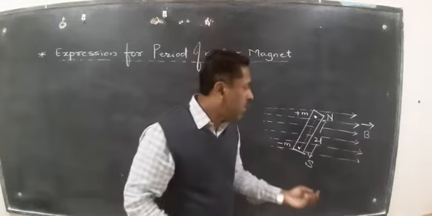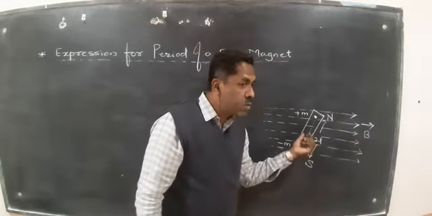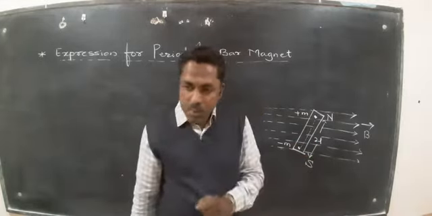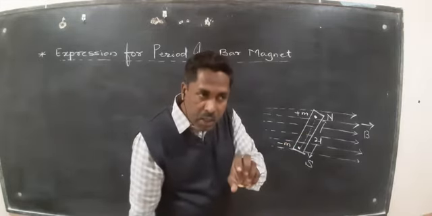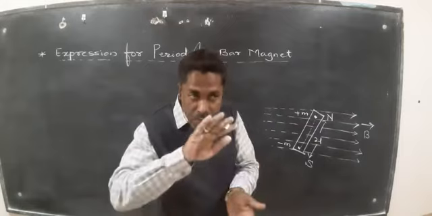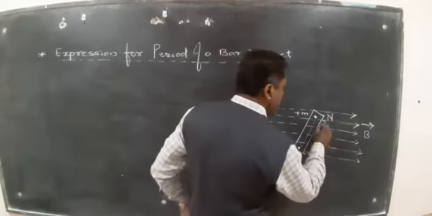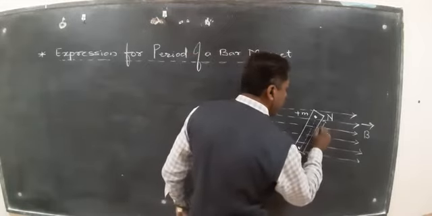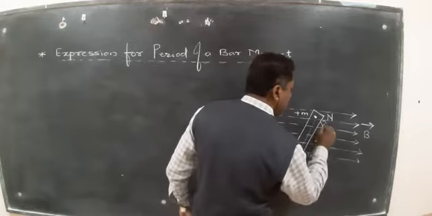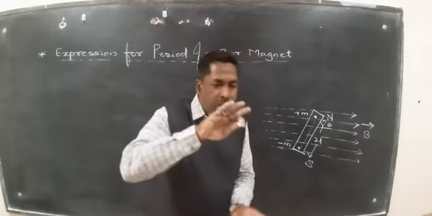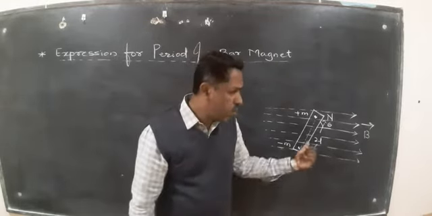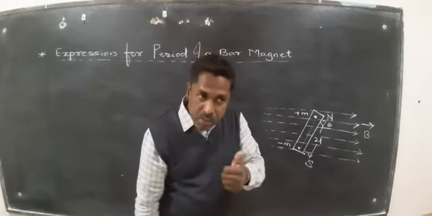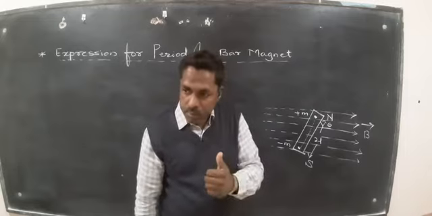That's why whenever another magnet comes nearer to this magnet, the magnet which is at rest comes under action and rotates about its own axis, and makes some angle theta. It means that somewhere the magnet experiences some amount of torque.